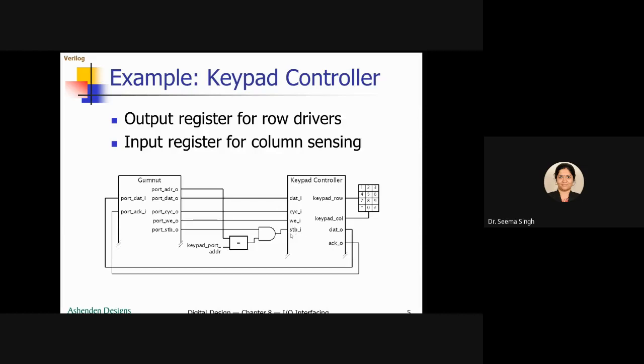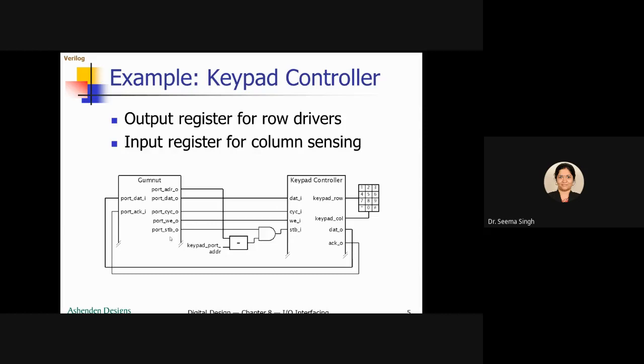So to activate this, two things are important. One, that port address output is given. Also this should be equal to the keypad port address, because in this processor there may be more than one port for interfacing.